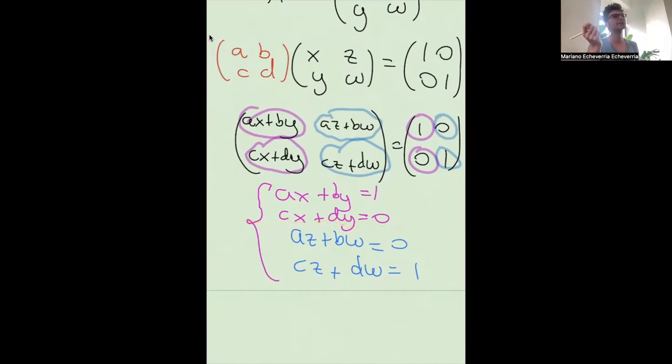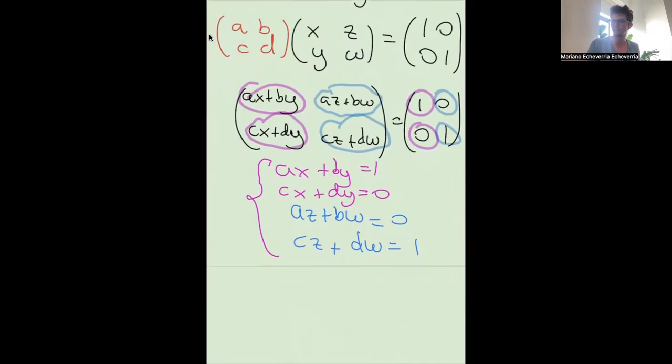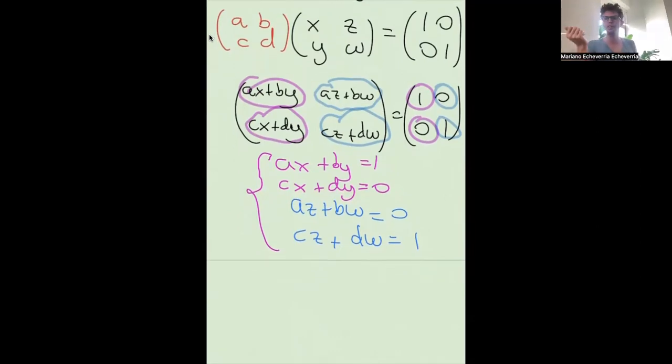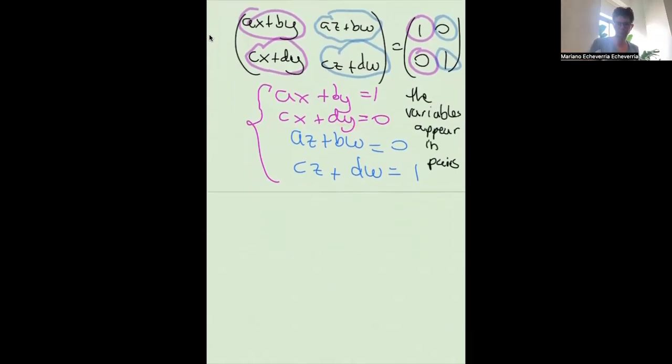So it's kind of like a weird system of equations because the 4 variables don't appear in all of them simultaneously. They come in pairs. Is that making sense? So the variables appear in pairs. So what that means is that it's sure 4 equations, but since variables appear 2 and 2, you actually can solve 2 separate systems of equations.